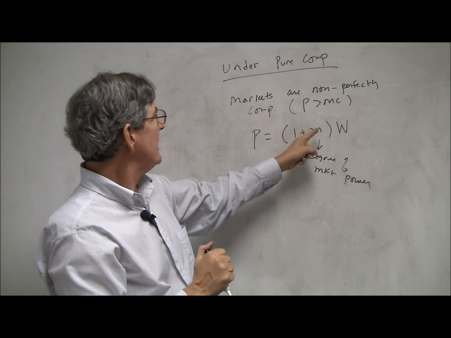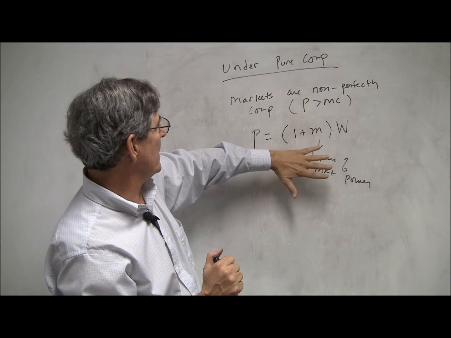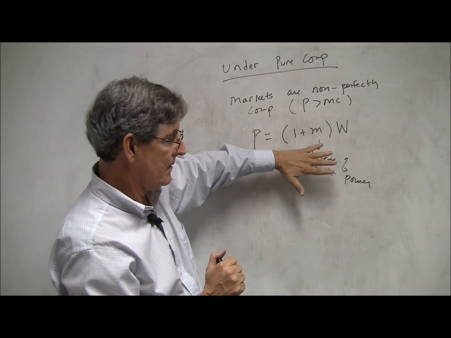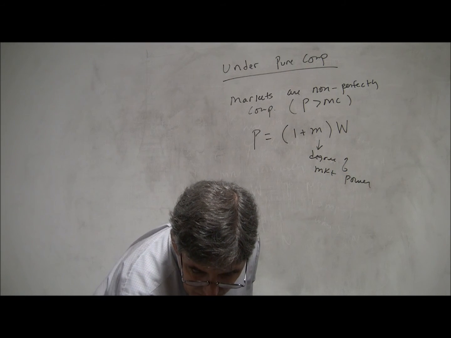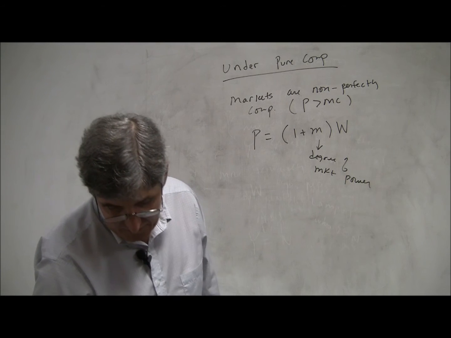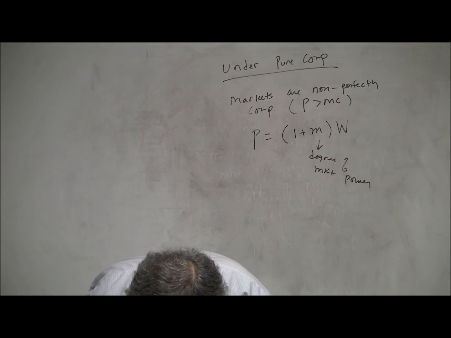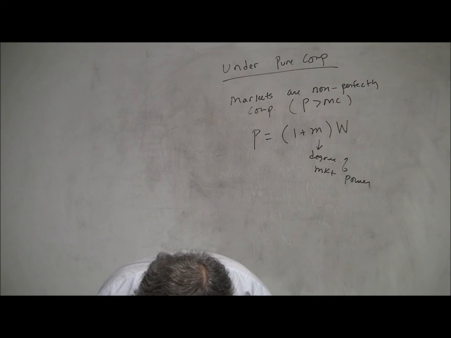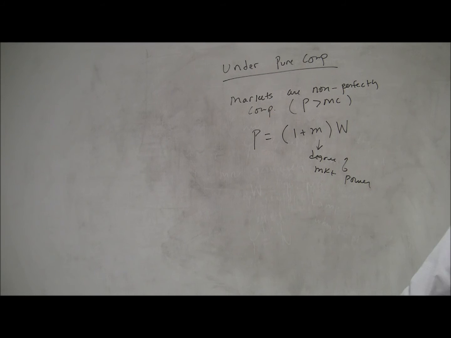Pure competition, it collapses to 1, and we're back to P equals W. So this is the form we're going to use right here. When you have market power, price is greater than marginal cost. I'm going to keep going here. I don't have very much left, so let's just finish it off in this one video.